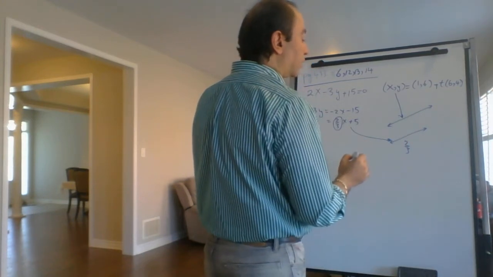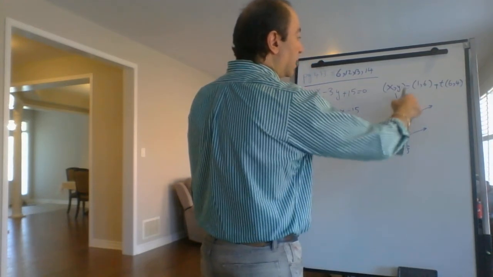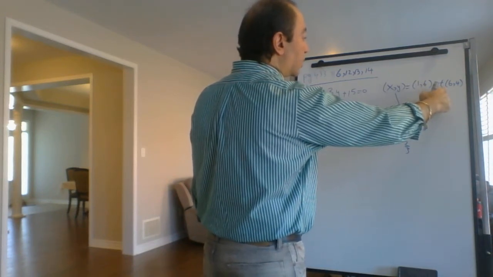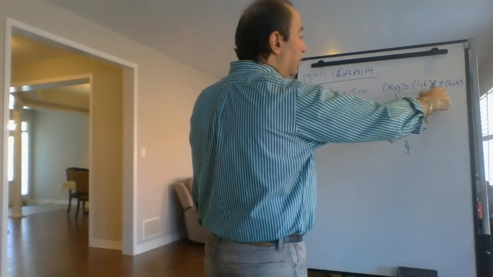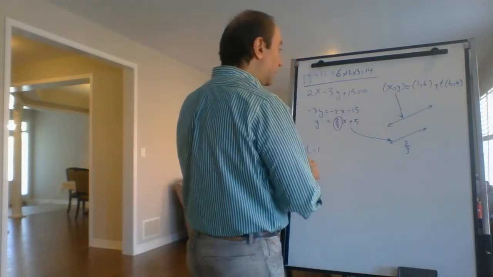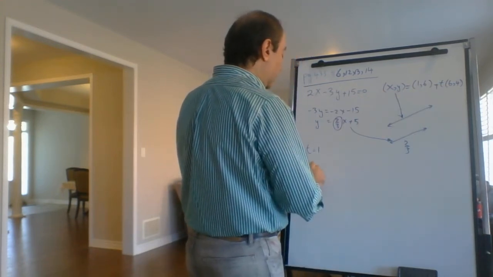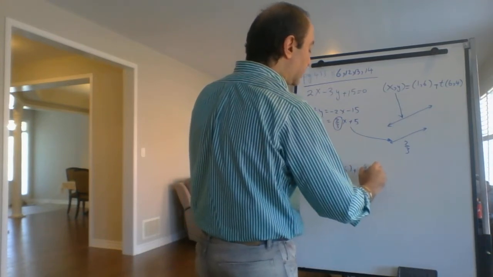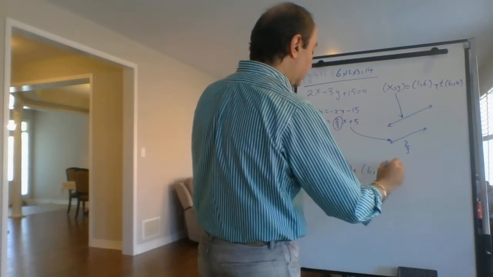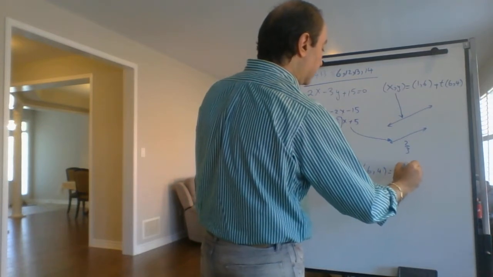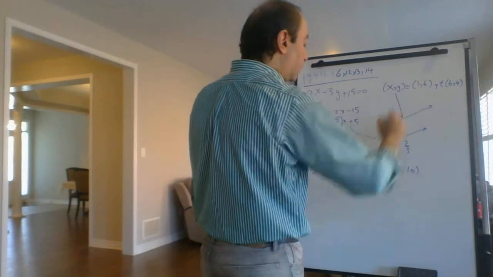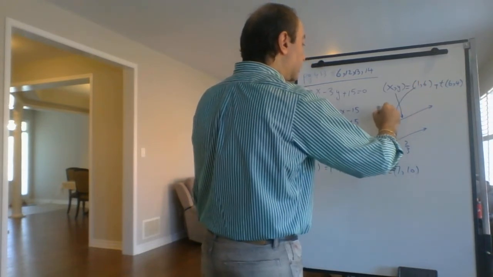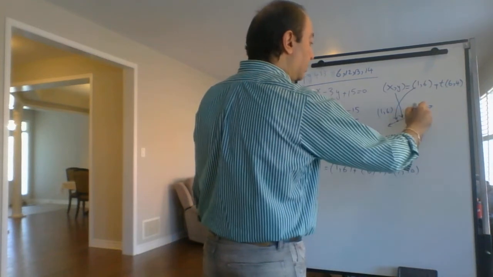Now let us try to find the slope of the other line. I have a point here, and I can get another point by making t any number. Let's say t equals 1. That means x and y will be (1, 6) plus (6, 4), which is (7, 10). So I know a point on this line, (1, 6), and another point, (7, 10).